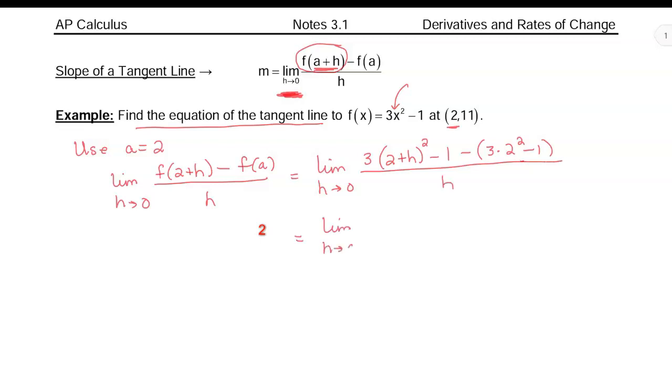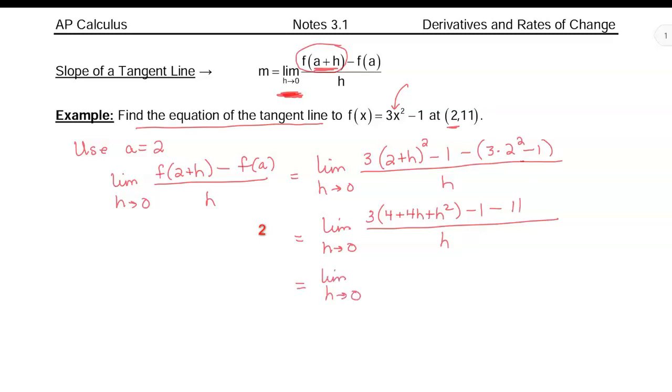Let's expand the quantity 2 plus h squared. That gives me 3 times 4 plus 4h plus h squared. I still have minus 1, and I still have to subtract this quantity. 3 times 2 squared is 3 times 4, so that's 12 minus 1 is 11.